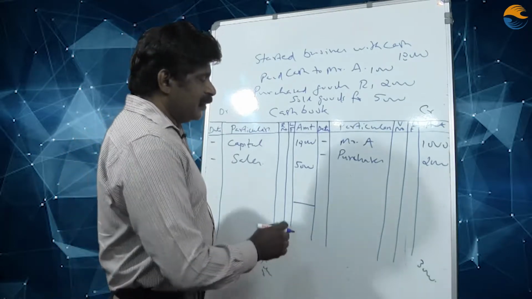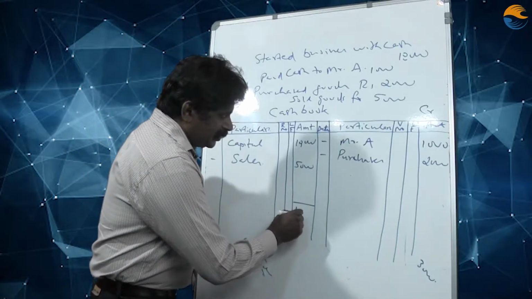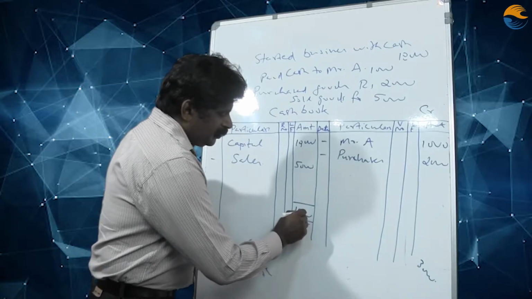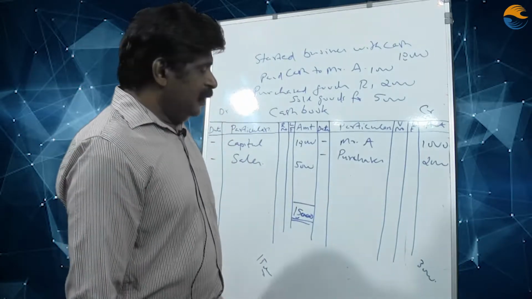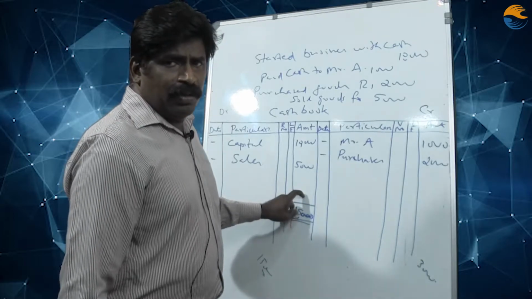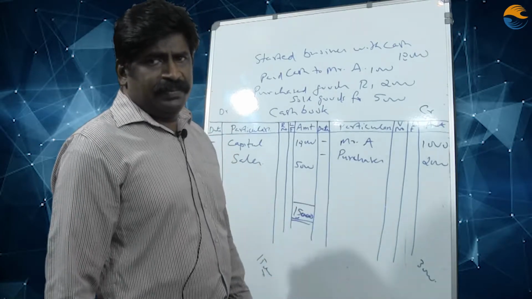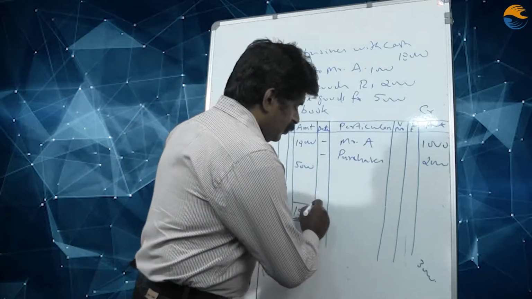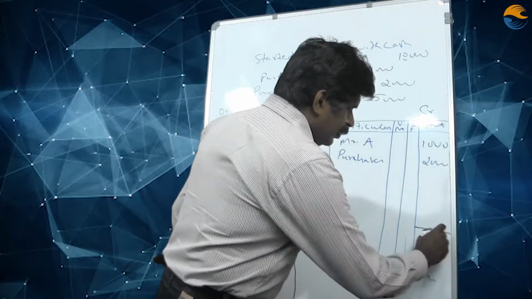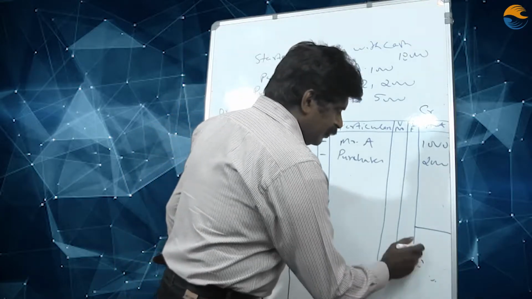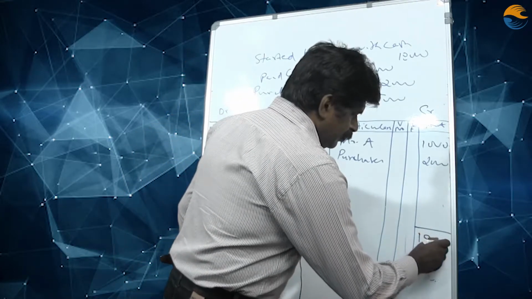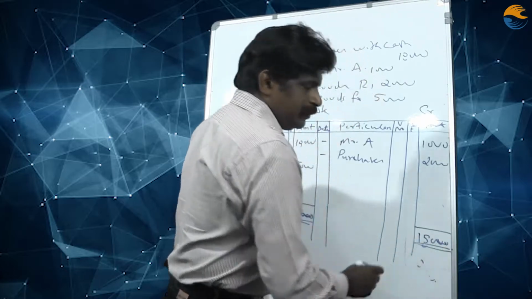So we are writing the total on the debit side. It is 15,000. The same total should be shown on the credit side also. But corresponding to this total, on the opposite side, we write the same total.